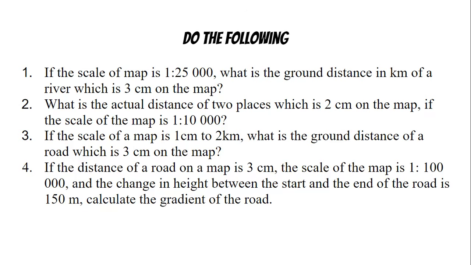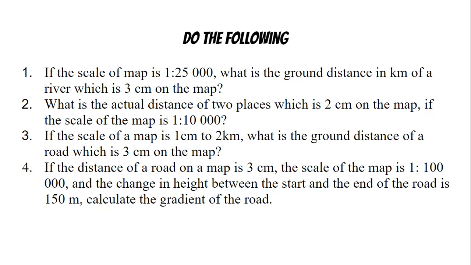So for something like this, remember gradient is rise over run. We already have our rise. So we would have to calculate the run, which is the distance. And we would do that by multiplying the 3 centimeters by the 100,000. Remember, when we do that, the answer would be in centimeters.